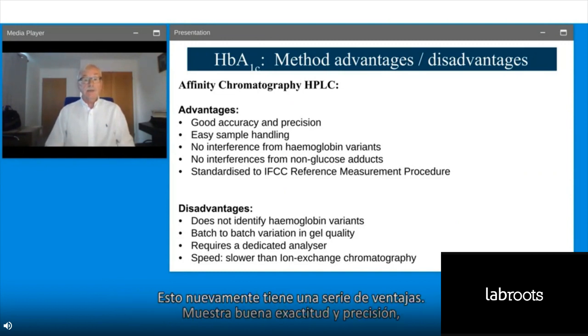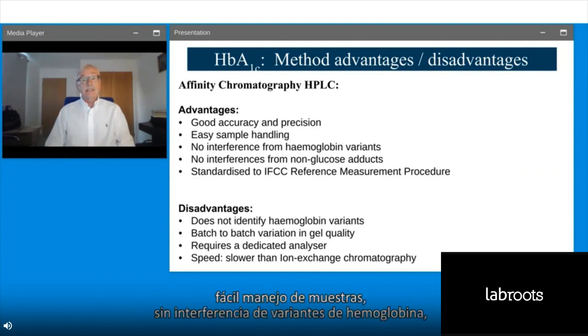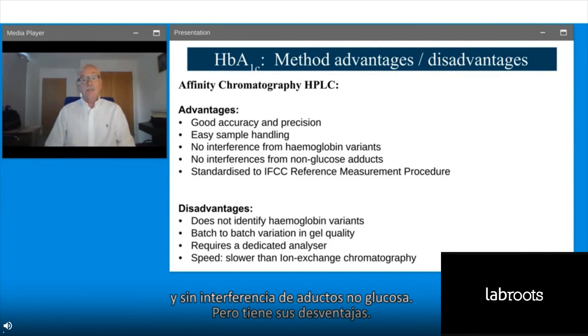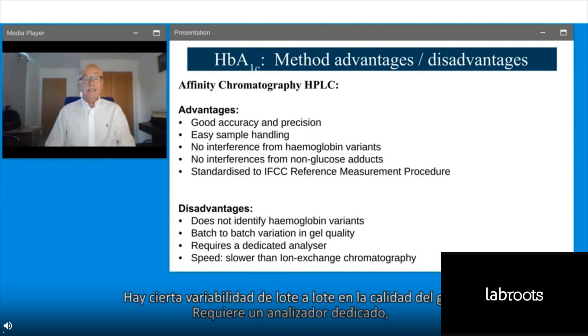This again has a number of good advantages. It shows good accuracy and precision, easy sample handling, no interference from hemoglobin variants, and no interference from non-glucose adducts. But it does have disadvantages. There is some batch-to-batch variability in gel quality.